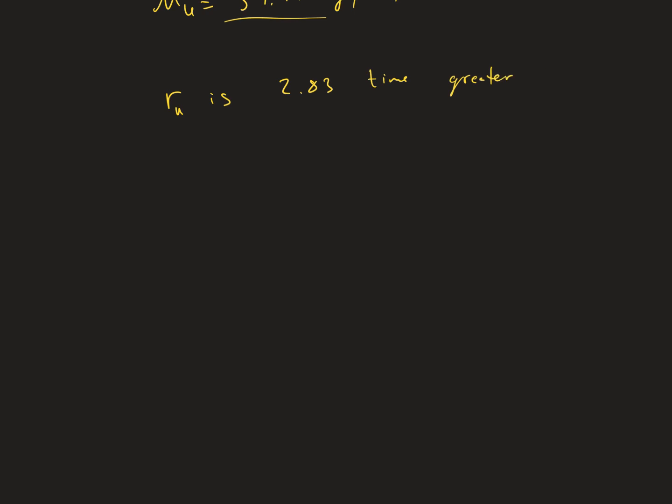Greater than the rate of oxygen gas. We want to know what is the molar mass of our unknown gas. So before we plug any numbers in, let's solve for what we're looking for, yeah?